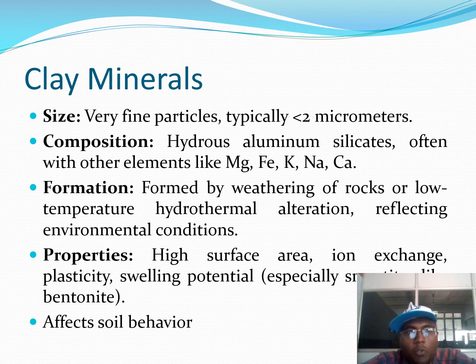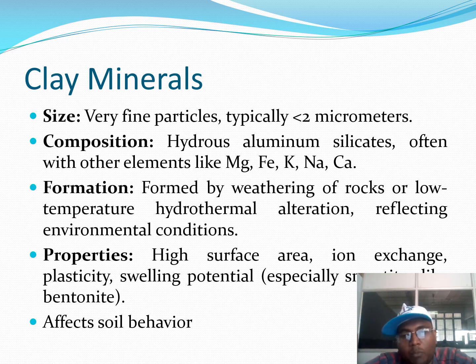Next we see the clay minerals. They are very fine particles with sizes lesser than 2 micrometers. They are mainly composed of aluminium silicate, often with other elements like magnesium, iron, potassium and calcium. They are mainly formed by the weathering of rock.